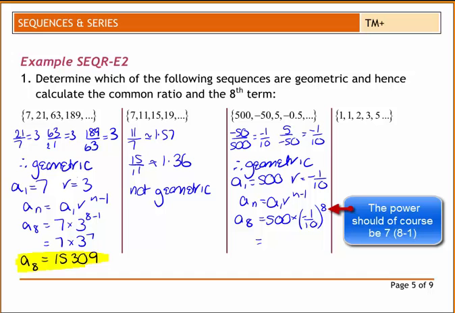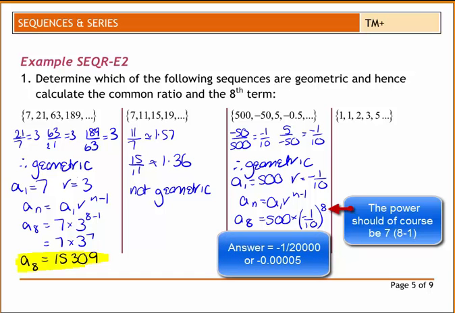Okay, you can answer as either a fraction or a decimal. You know that this is going to become positive because it's got an even power. So you've got 500 times 0.1 to the power of 8. And you get 0.00005.